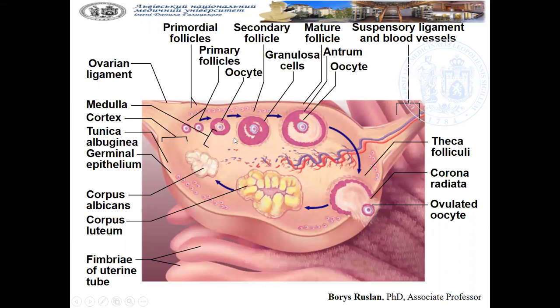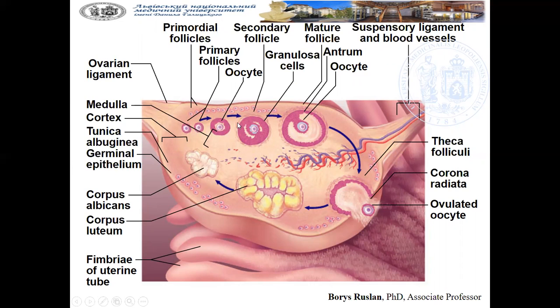All the information which I gave you now is visible in this picture. So here are the ligaments, suspensory ligaments, the ovarian ligament, the fimbriae of the fallopian tubes, right?